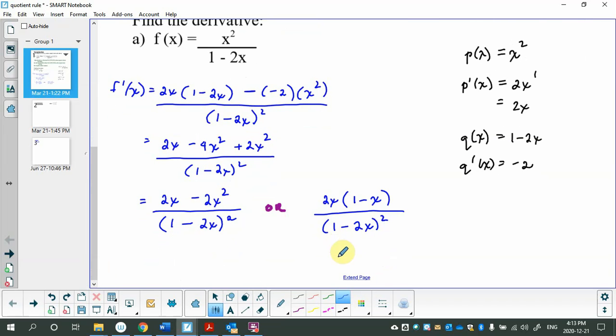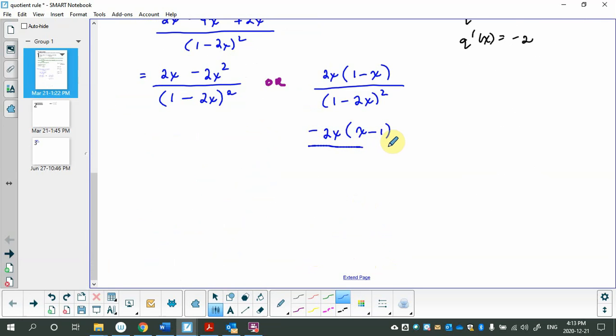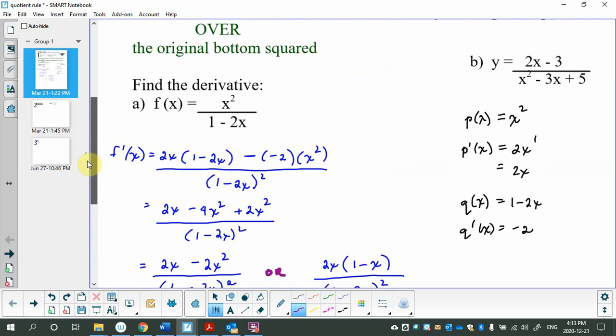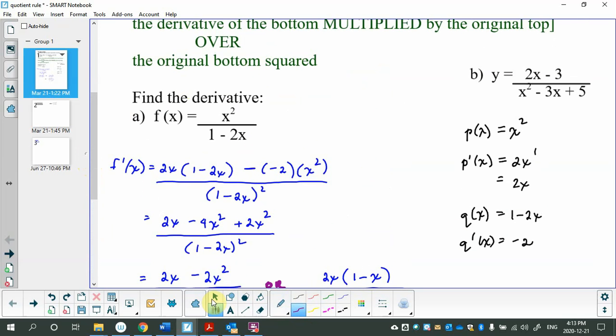Another thing that you could do is you could turn this bracket around and do x minus 1, and that is basically eliminating a factor of negative 1. And you can't do that in the denominator because the denominator has an exponent on it. So these are all possible answers that you would have to compare to if it didn't match yours from the back of the book. So that is finding the derivative using the quotient rule.